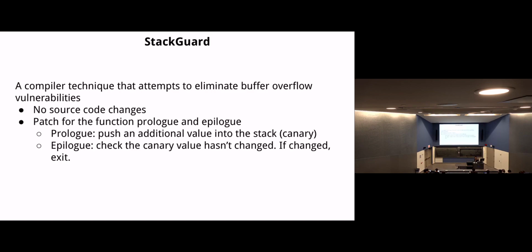You can still overwrite a local variable. If you want to overwrite the saved EBP or return address, you will also overwrite the pushed random value. Then in the epilogue, the program will check if that pushed random value has been changed. If it is changed, then we know there has been a buffer overflow attack. That's the idea of it. Super, super simple, okay?